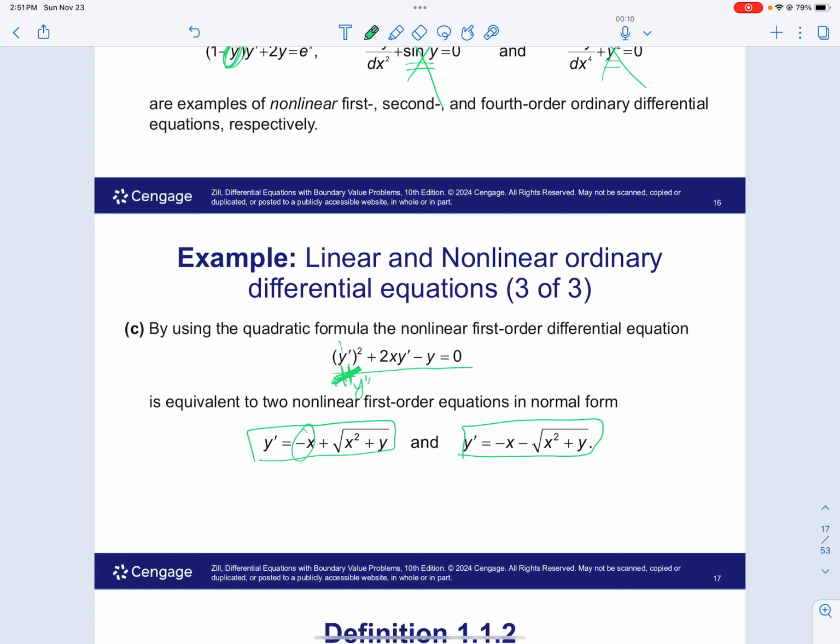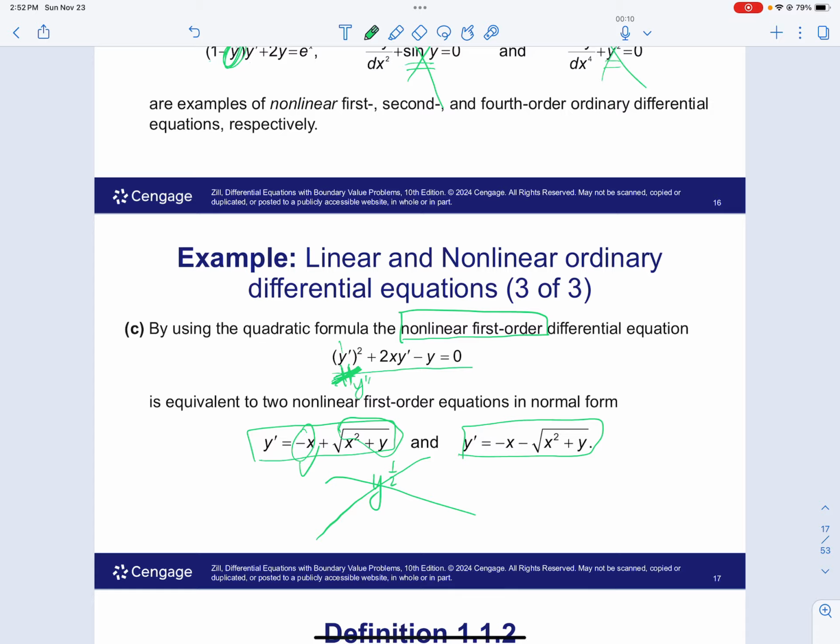We have -x, which is okay. But what is the power of y here? It's y to the one half. Is the half okay? No, we can only have y to the 1. Nothing else. This is why this is nonlinear first order.